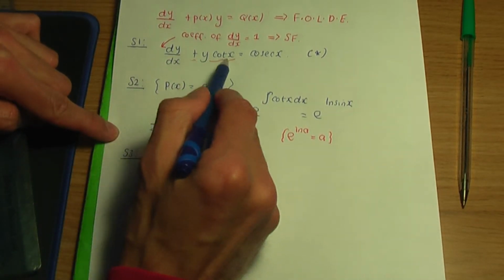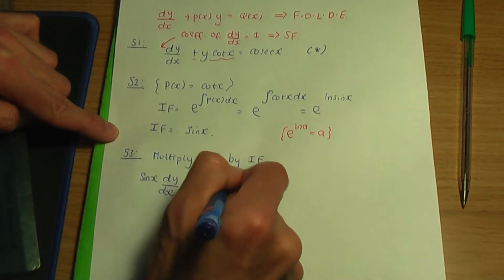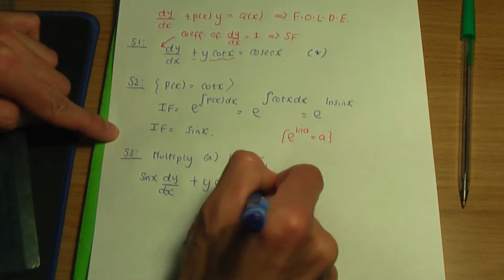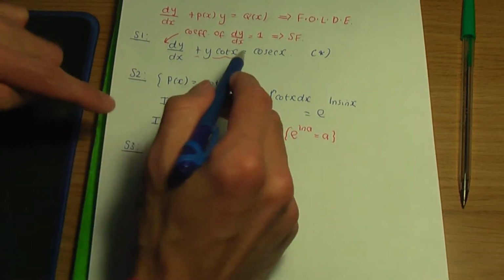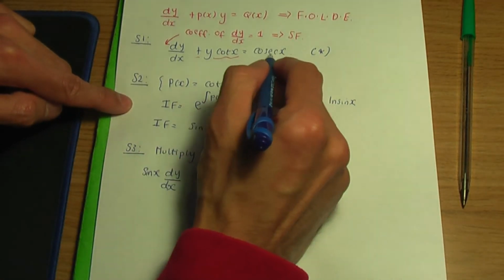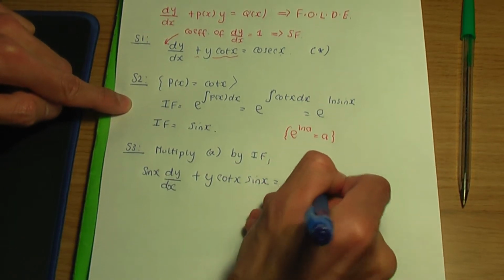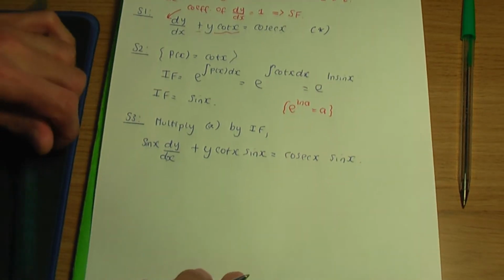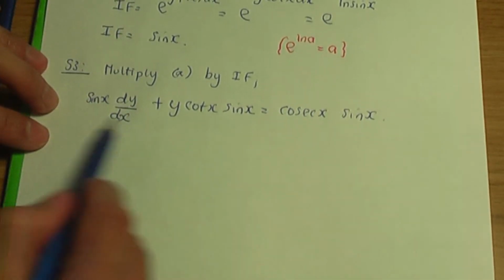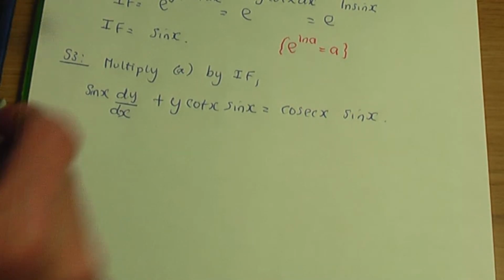Sine x times y cot x, let me just leave it as y cot x sine x. That is equal to cosec x times sine x, which is cosec x sine x. I didn't simplify the left-hand term. You'll see why when we go to step number 4.